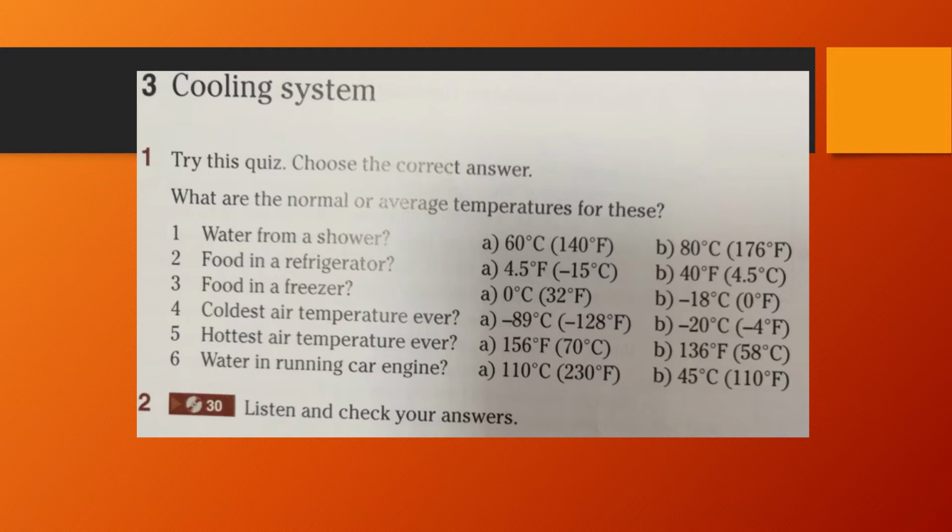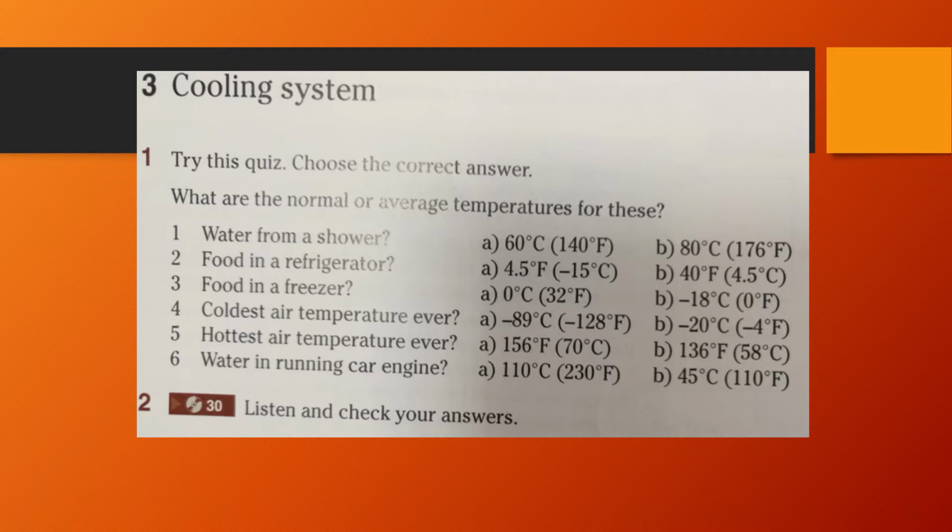What is the average temperature for water from a shower? We have two options, A and B. A has two types of temperature, 60 degrees Celsius or 140 degrees Fahrenheit. B, 80 degrees Celsius, which means 176 degrees Fahrenheit.